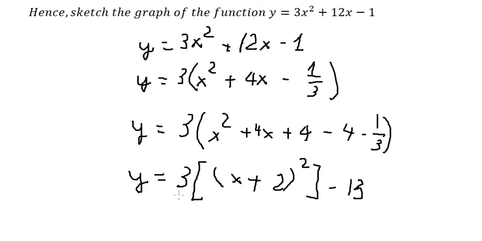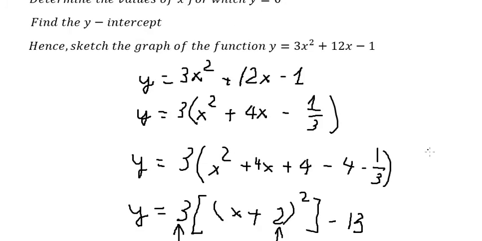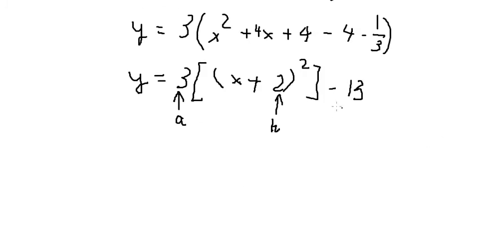So this is about a, this is about h, and this is about k. So a equals to number 3, h equals to number 2, and k equals to negative 13.